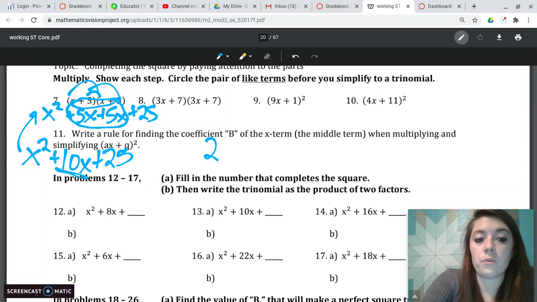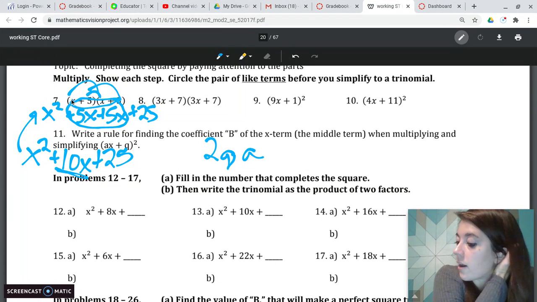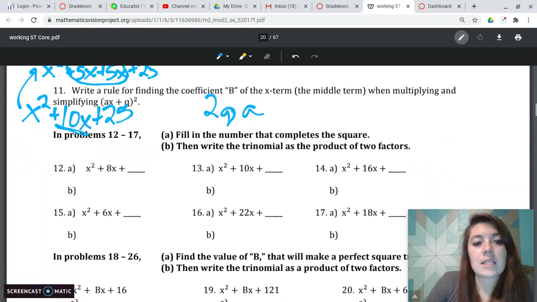So 2qa, because then we also include our variable there. So we need to have the a because it's also whatever comes from there as well. Okay? All right. Next.